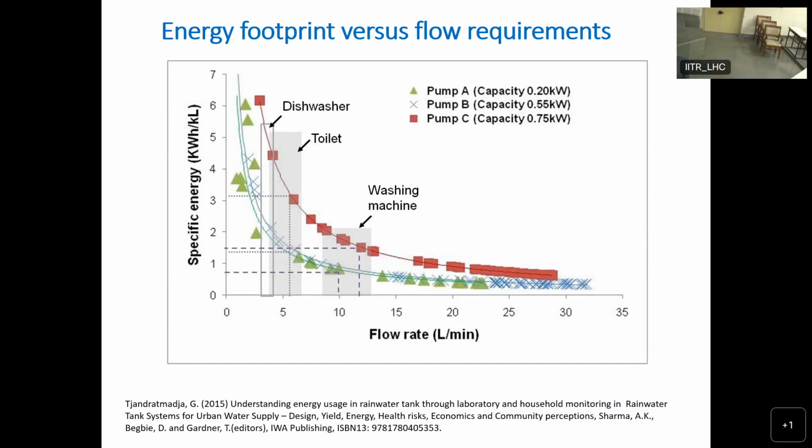Even if you provide a pump of a high flow rate, it is not going to work, because these appliances will take only a limited amount of water. So you have to trade off to find which flow rate is most suitable for your appliance. That type of study was done using different flow rate pumps, and all that detail is available in the book and you can read it.